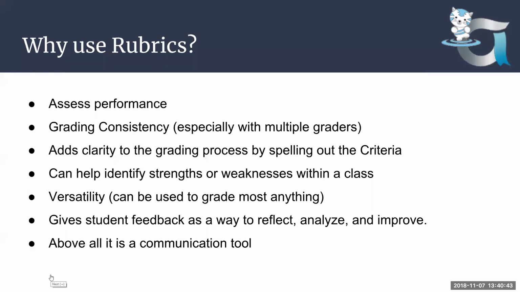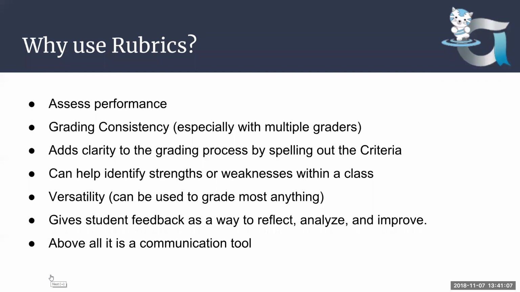I did kind of mention this already, but students get the feedback, right? Because if they're allowed to see the rubric and how they scored on each criterion, that provides them with important information.